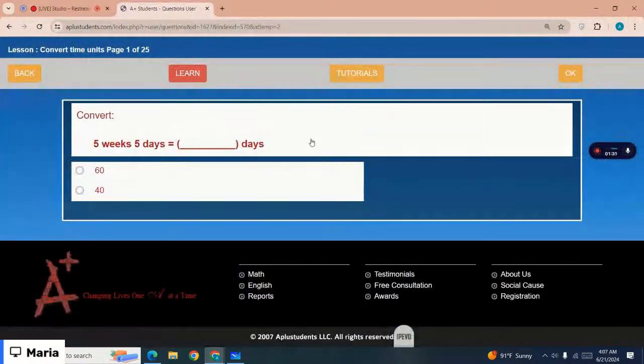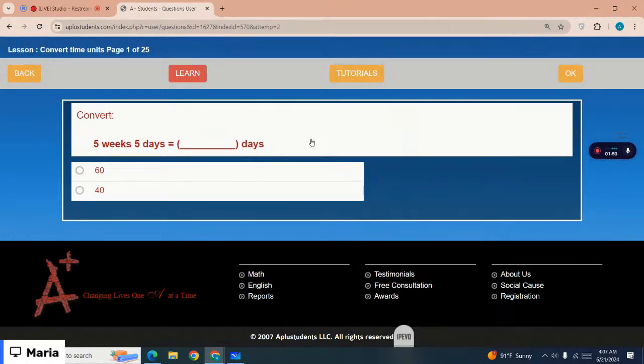5 weeks, 5 days equals how many days? Which is the correct option? In 1 week, you have 7 days, right?